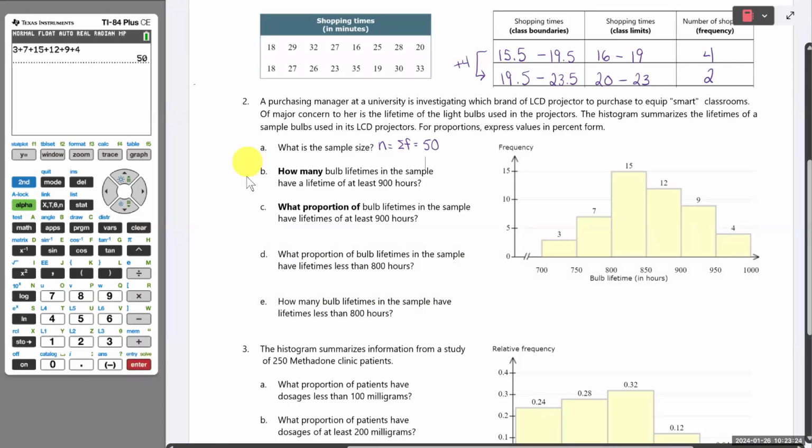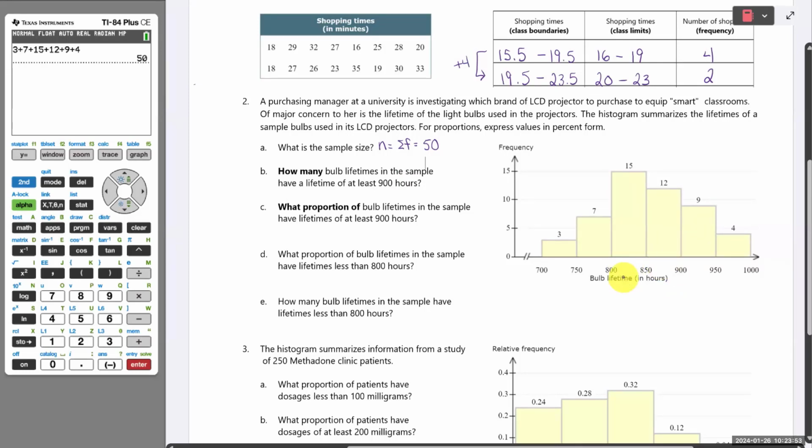All right, so we want to focus now on the difference between B and C. B is how many light bulbs in the sample have a lifetime of at least 900 hours, versus what proportion of bulb lifetimes in the sample are at least 900 hours. Let's go to this phrase at least first. So at least 900 hours would be 900 hours or more.